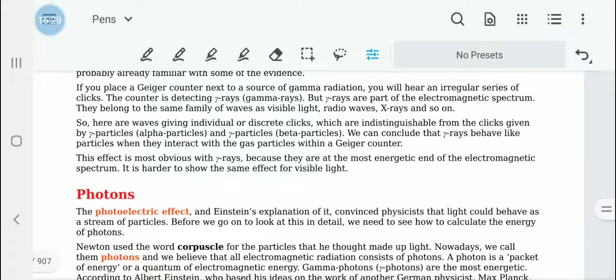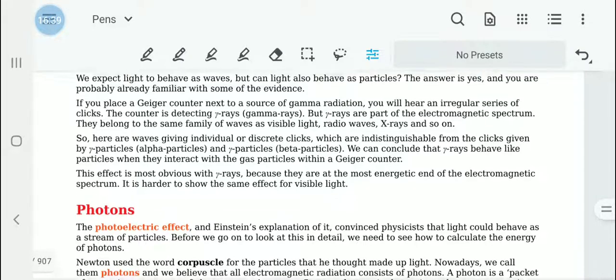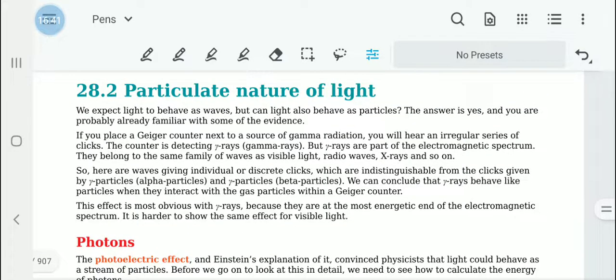So in this particular situation, we can see that gamma rays are giving exactly the same sound as alpha or beta particles when they collide with the Geiger counter.